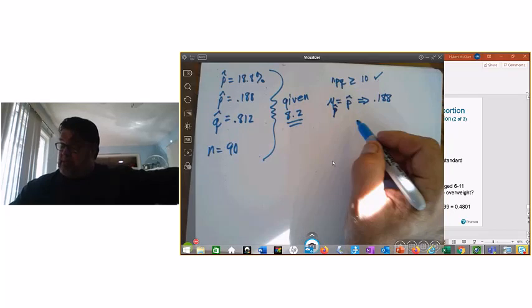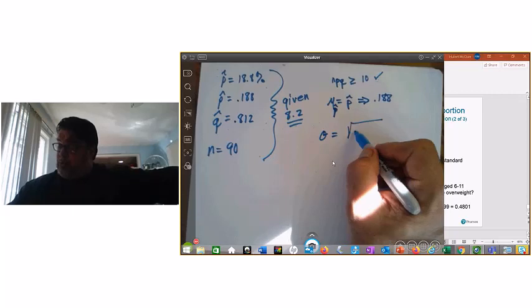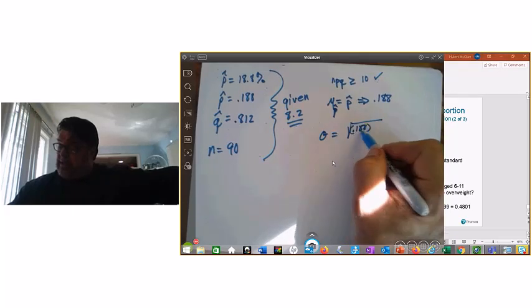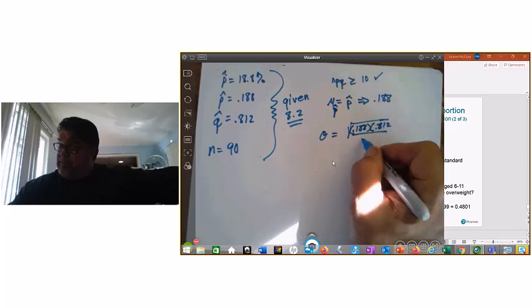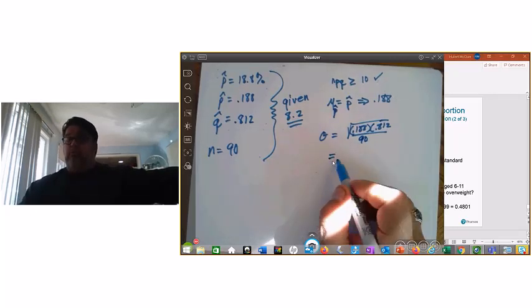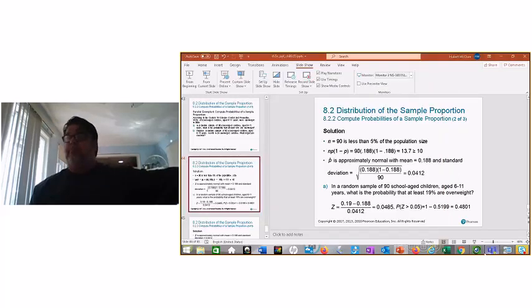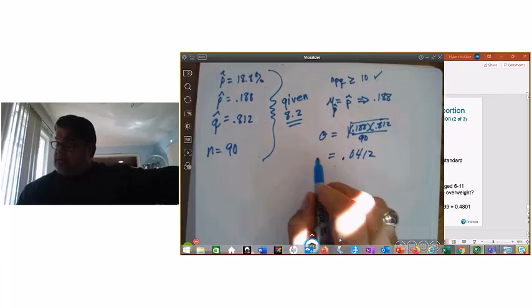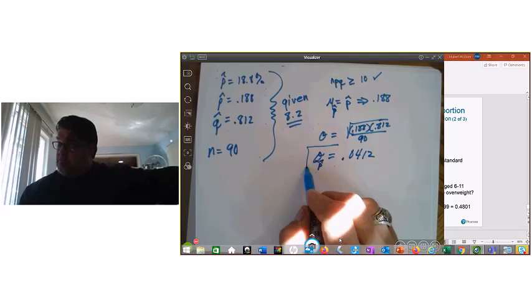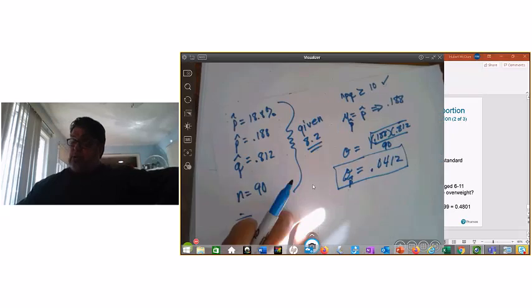And then my standard deviation is equal to the square root of 0.188 times 0.812 over 90. And we know that's equal to 0.0412. And that's your standard deviation of p hat. So now you're going to do your z-score. B, you're going to do your z-score.